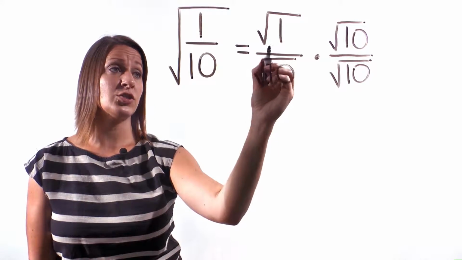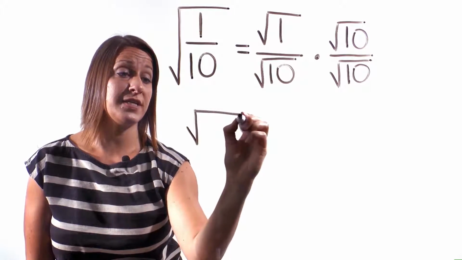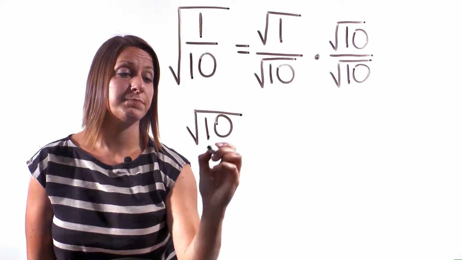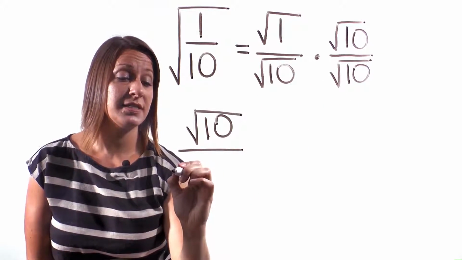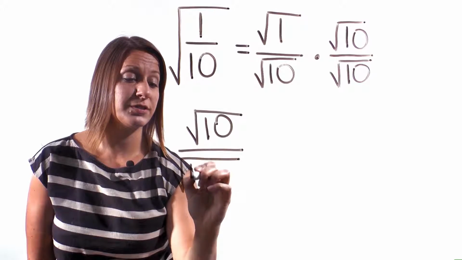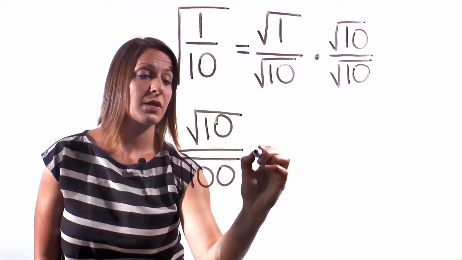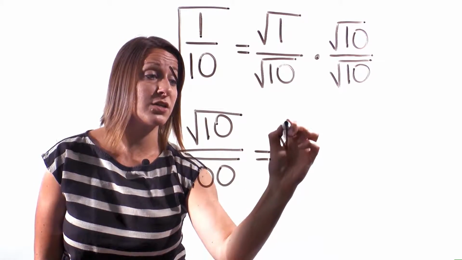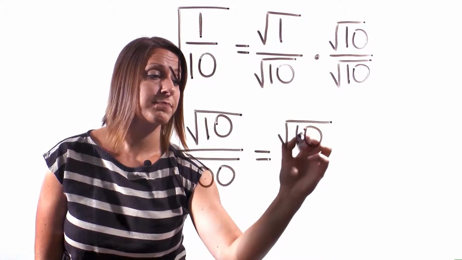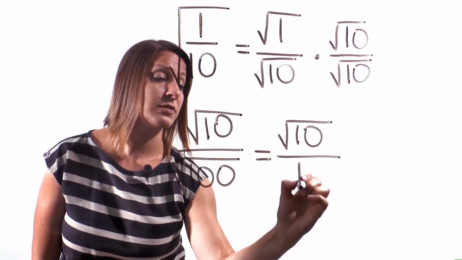Next, square root of 1 times the square root of 10 is square root of 10. Square root of 10 times square root of 10 is square root of 100. We can't simplify the square root of 10, so it will remain on our top. But the square root of 100 is 10.